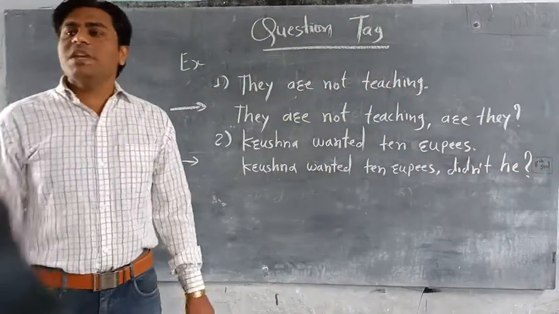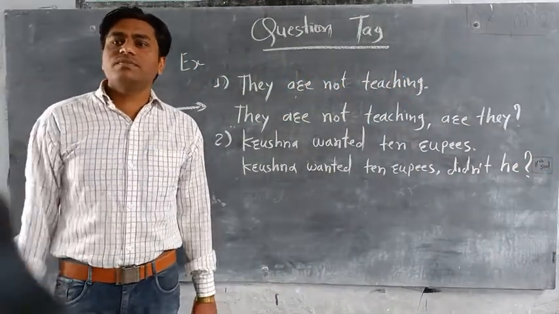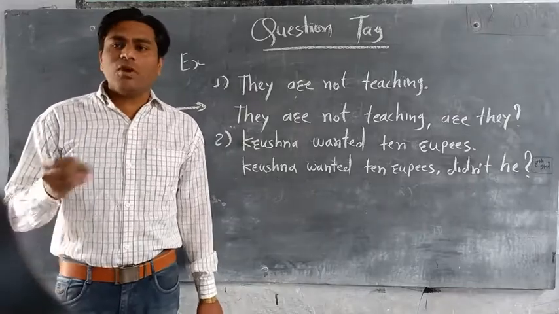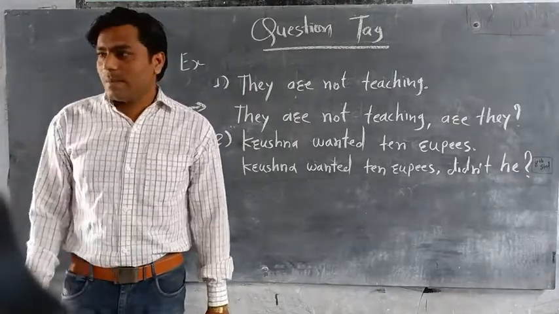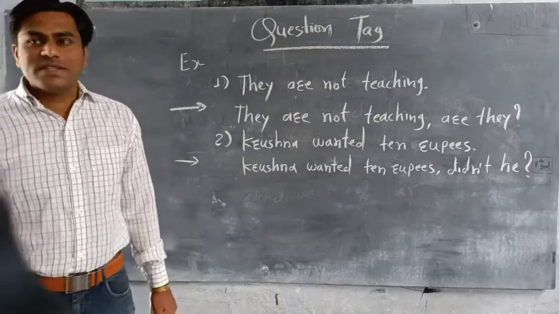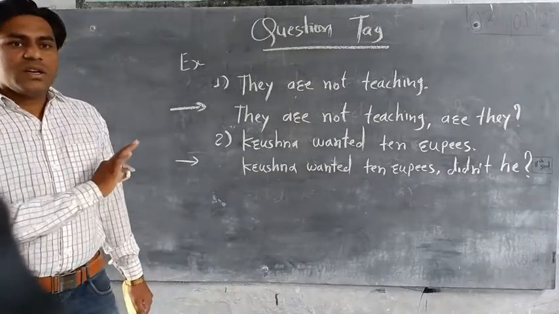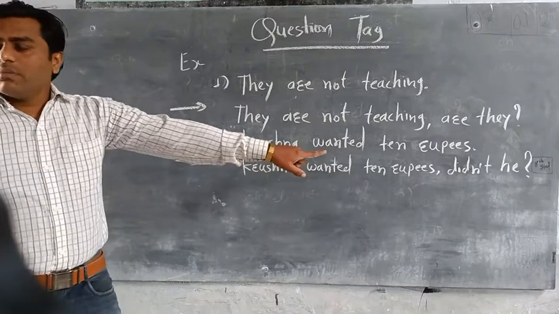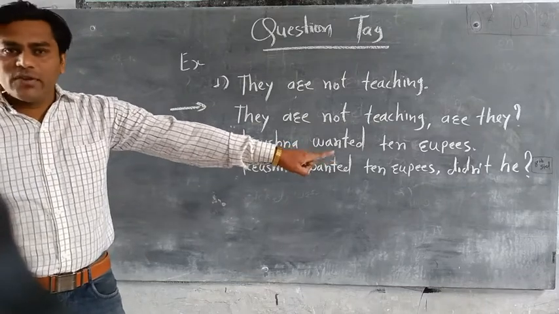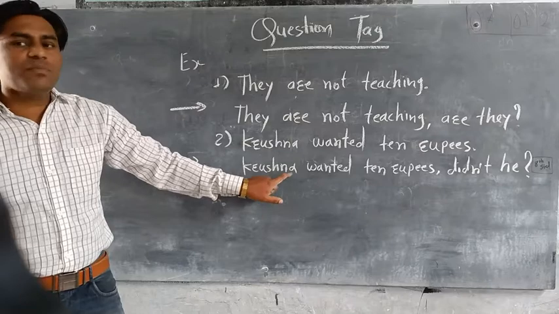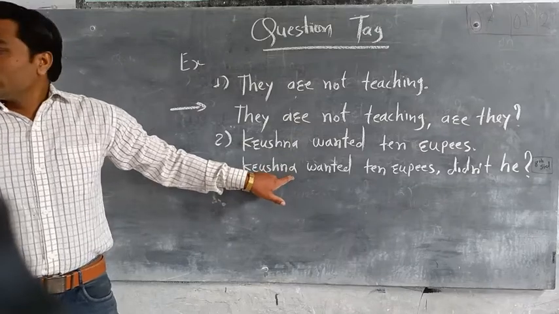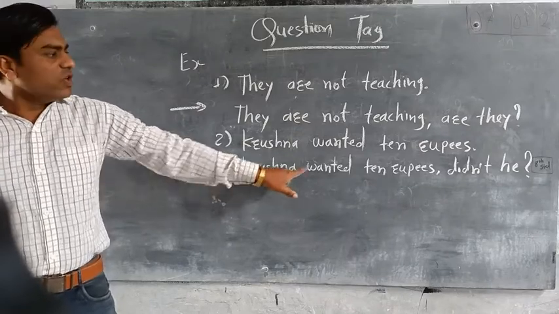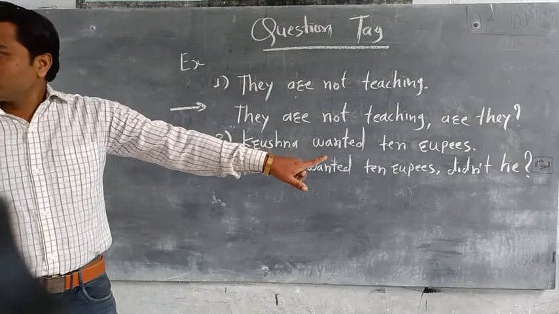Do not speak last. If you have any problem about this, then you can ask. Otherwise, don't talk, please. Now, is there a problem? We made the question tag in negative form because this sentence is in positive form and the auxiliary verb is not there, so we use the do form. Okay?